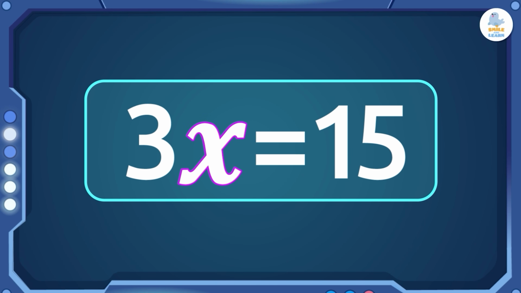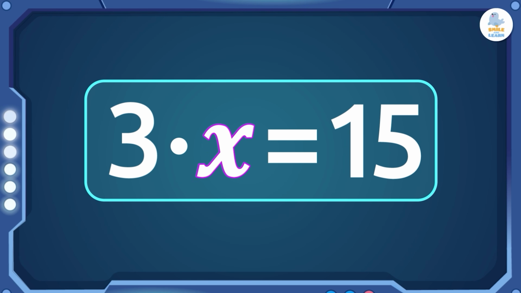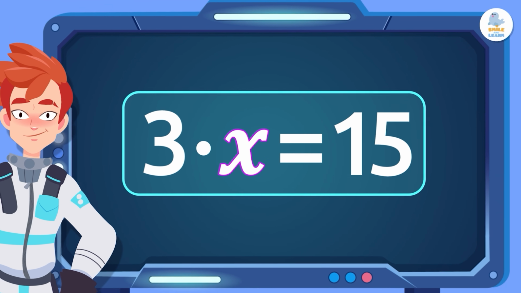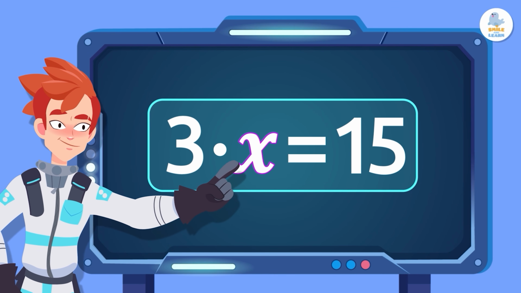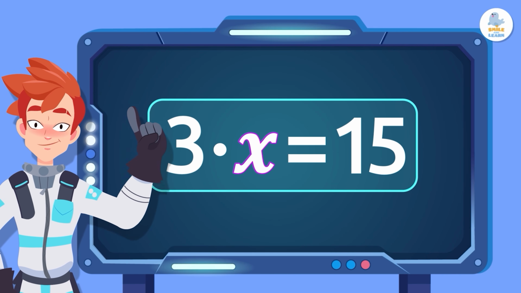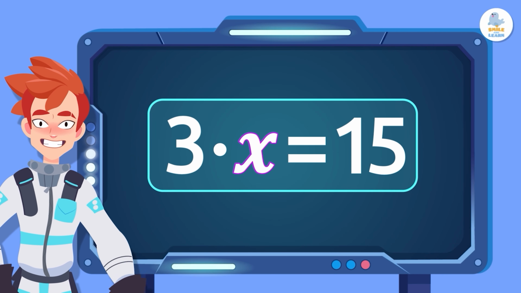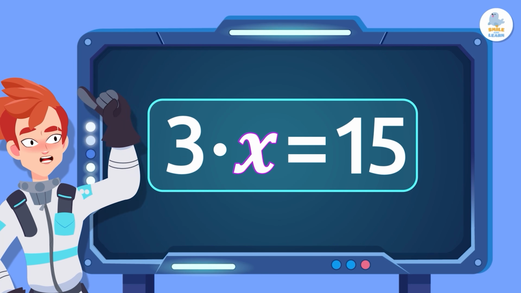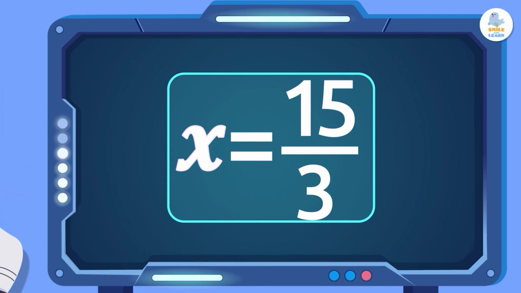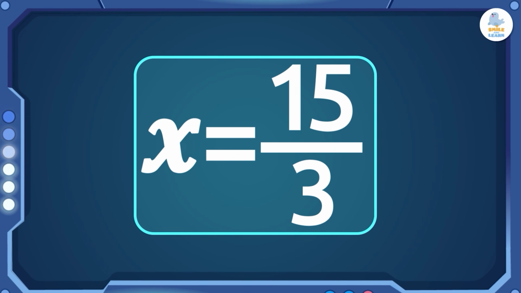Take a good look at this example, 3x. When a number and a variable are next to each other, it means we multiply them together. To move that 3 to the other side of the equal sign, we need the golden ticket, the inverse operation. If the number is multiplying by x, we can move it to the other side of the equation with the inverse operation, which is, that's right, division.